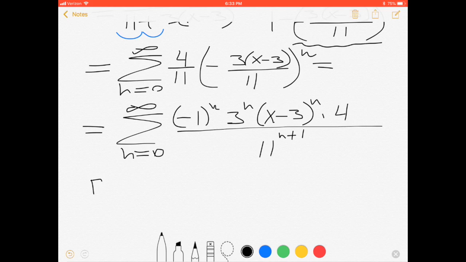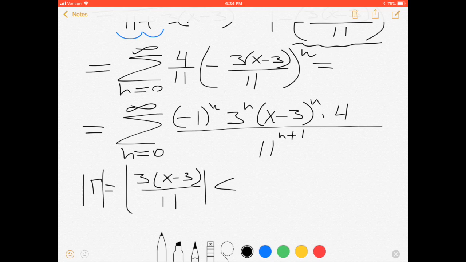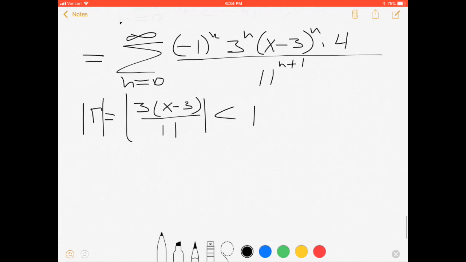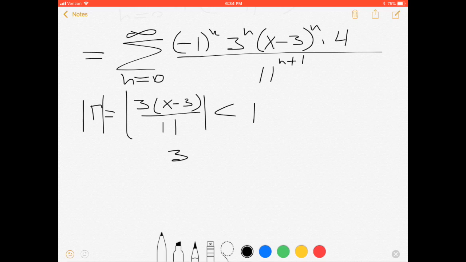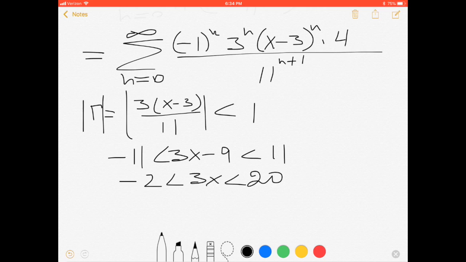What about the interval of convergence? Remember, for our geometric series, the absolute value of r is the absolute value of 3 times (x minus 3) over 11. It needs to be less than 1. This means 3x minus 9 stays between negative 11 and positive 11. Add 9, you have negative 2 and 20.